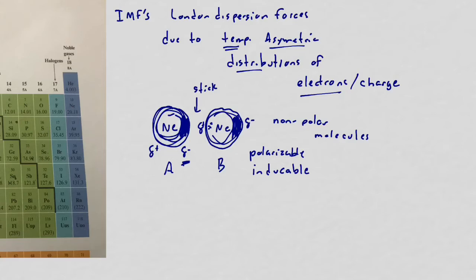Now, there are three variables that affect the strength of these London dispersion forces. The first one is implied in what a London dispersion force is, and that is distance. Just like gravity, anything that involves Coulombic forces, which is just a big word for charge, is affected by distance.